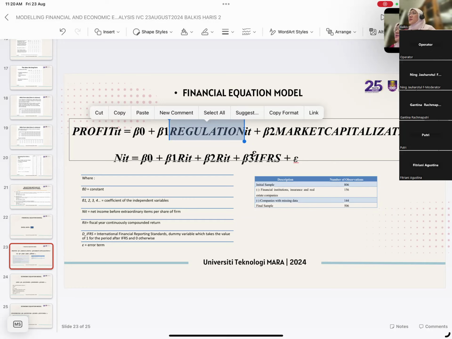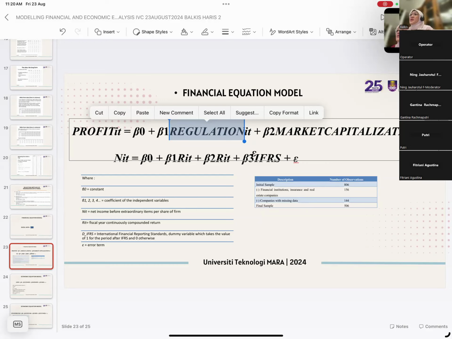This regulation was imposed in year 2013, so we can collect data for all the financial institutions listed or registered with the Central Bank of Malaysia, and the regulation will be a dummy variable.